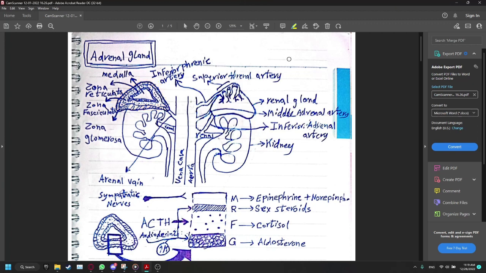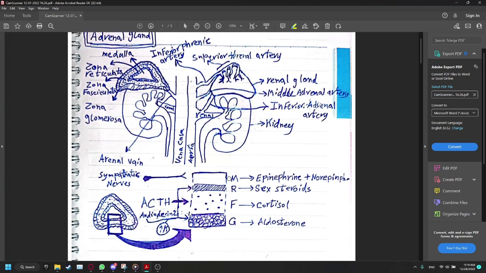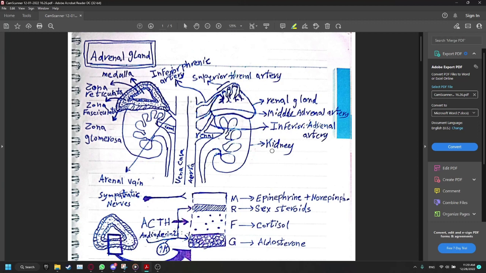Supra means above the renal, or the kidney, and it's also a gland. It secretes multiple hormones like epinephrine, norepinephrine, steroids, cortisol, aldosterone, a lot of things, with a lot of subdivisions.